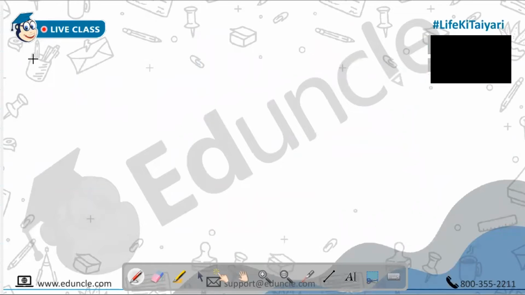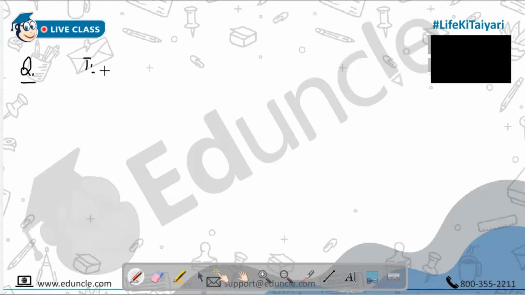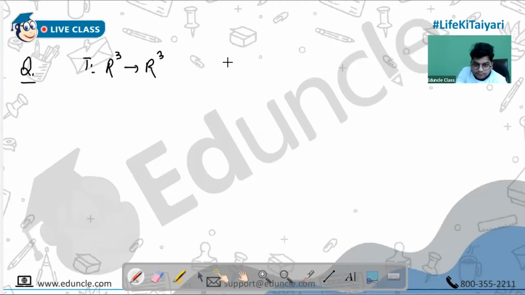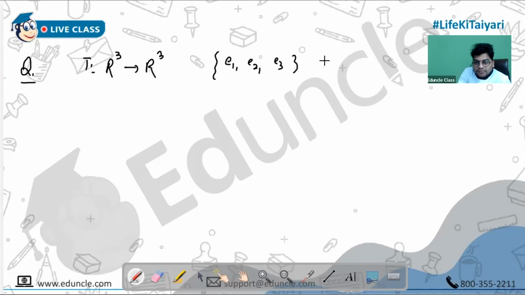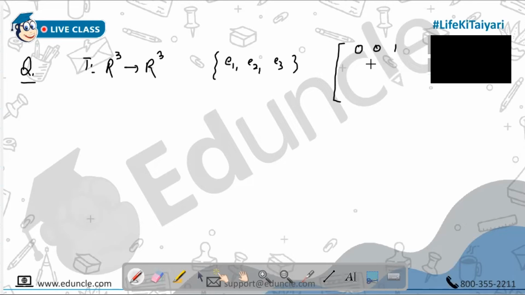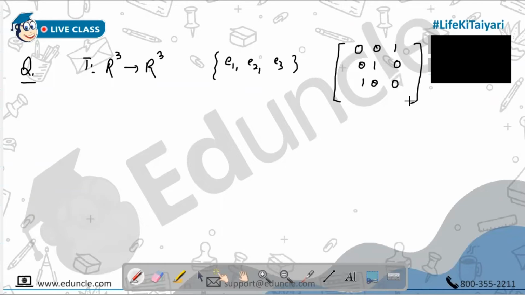T is R³ to R³ linear transformation. T is a linear transformation, and its standard basis is given, E1 E2 E3, and its matrix representation is 0 0 1, 0 1 0 and 1 0 0, and then it is giving 4 options.